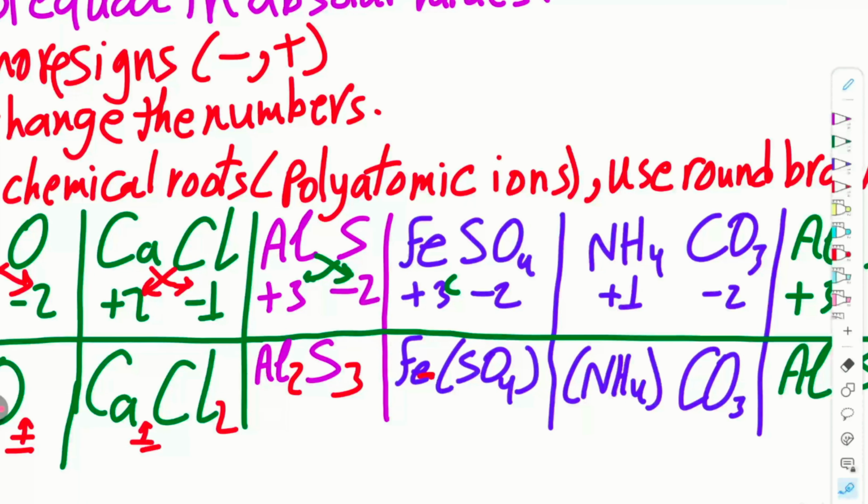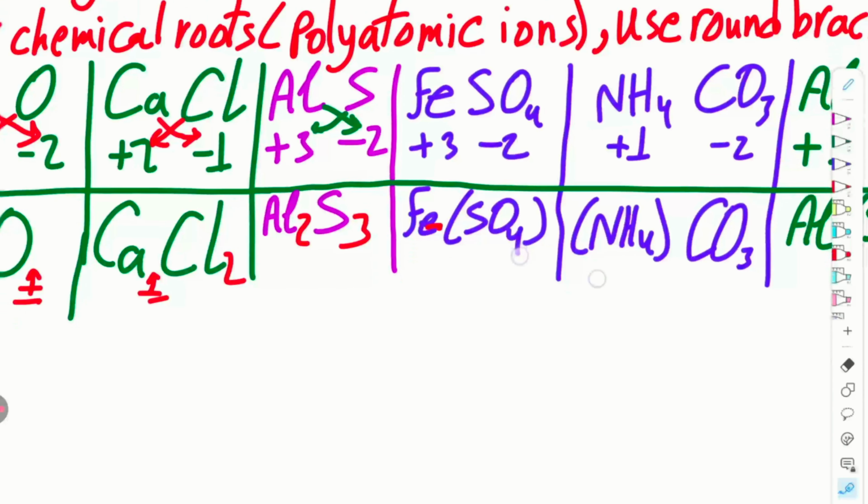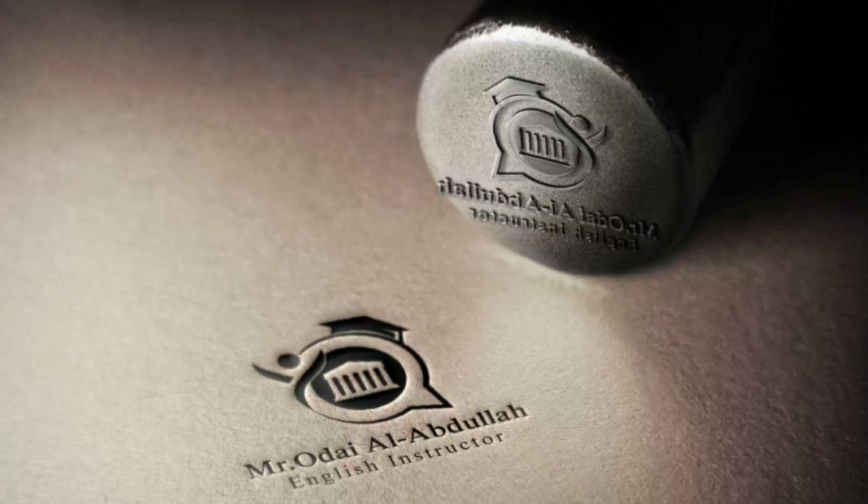Shall I write the number here, for example? This SO4 takes 3 and Fe takes 2. Shall I write the number 3 here? No, this is not going to be logical. We need to understand the definition of the chemical root.